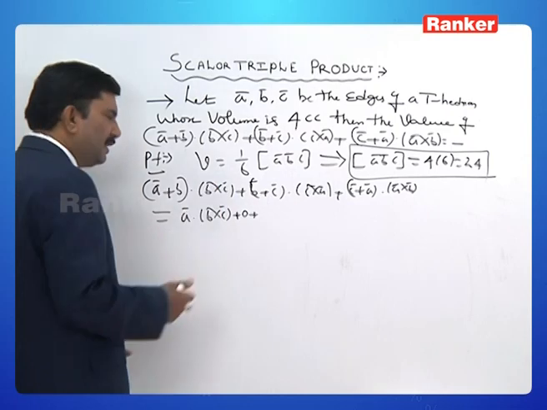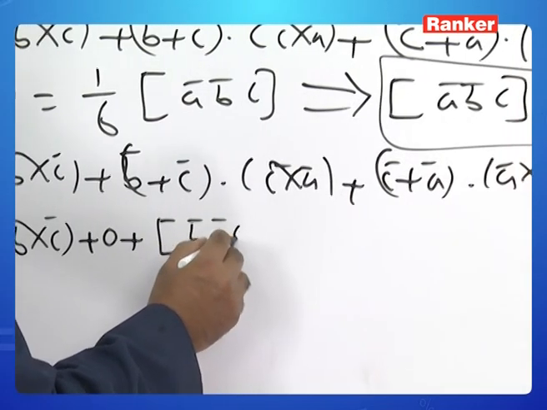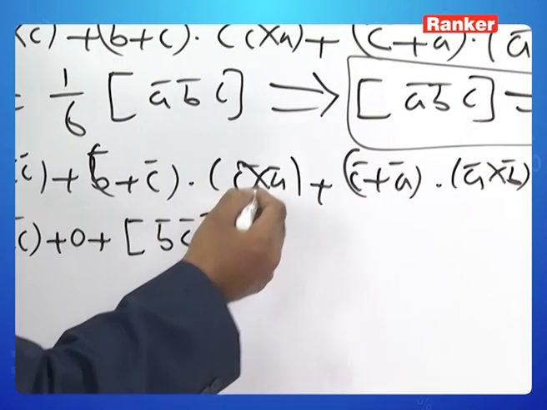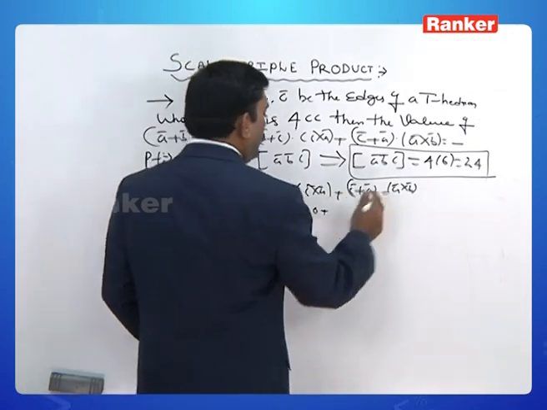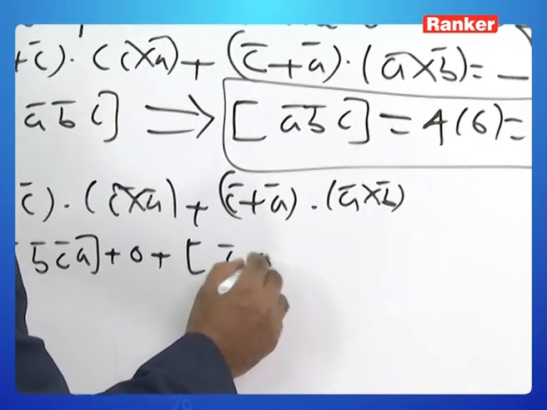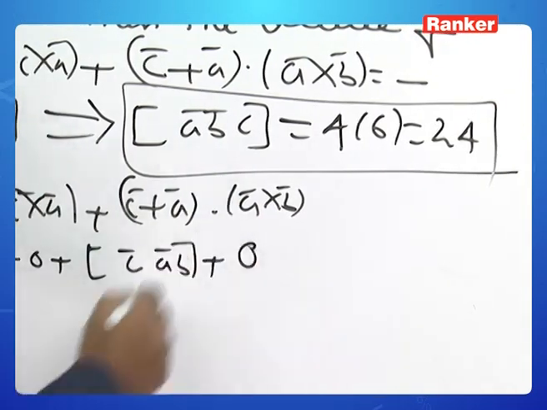No need to write. Next, B dot of C cross A, box of BCA; C dot of C cross A, C is repeated twice, it's 0. Next, C dot of A cross B, box of C, A, B. Next, A dot of A cross B, A is repeated twice, therefore 0.